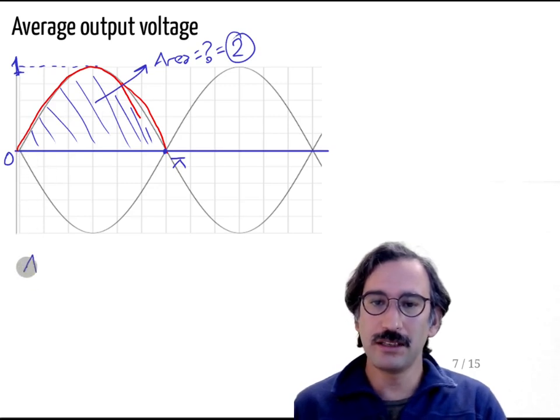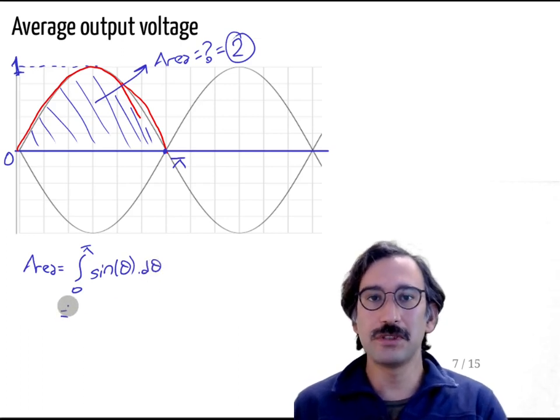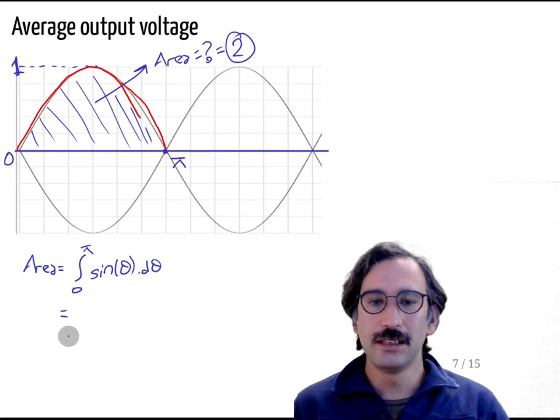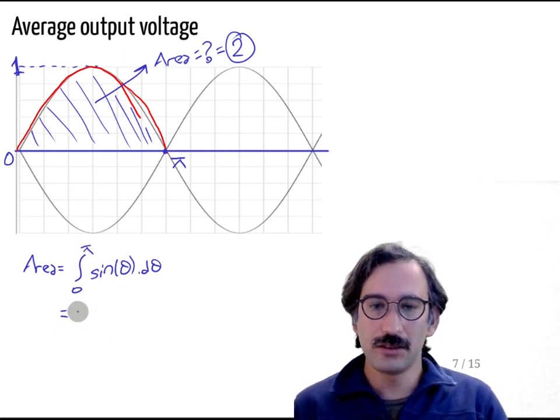Let's calculate the area. The area is equal to the integral from 0 to π of sine theta d theta. The derivative of sine is cosine, and the integral is minus cosine, evaluated from 0 to π.